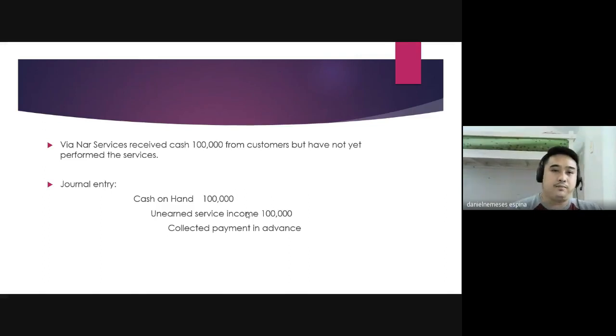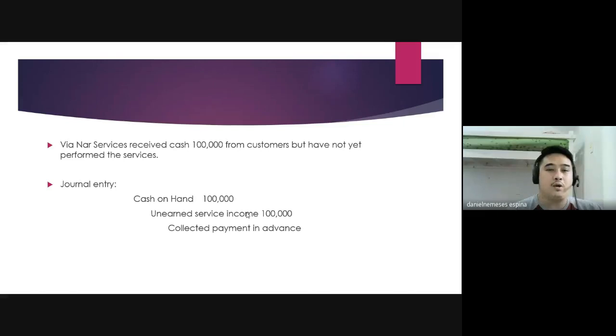Okay, so last, unearned. Unearned has its own nature. The unearned service income, although it says income, is actually not an income account. The unearned service income is a liability. Why is it a liability? Because the customer is waiting for us to deliver the goods or perform the services.